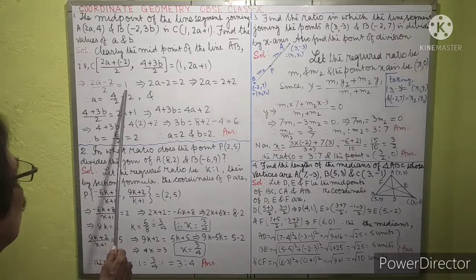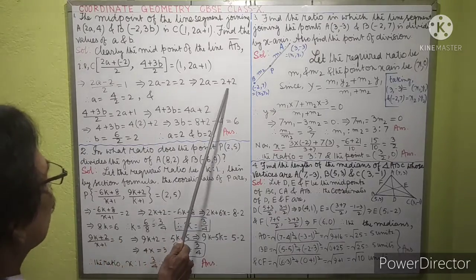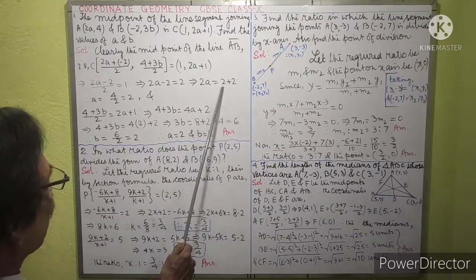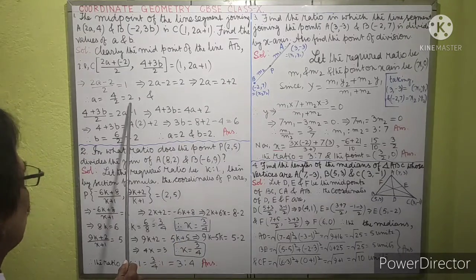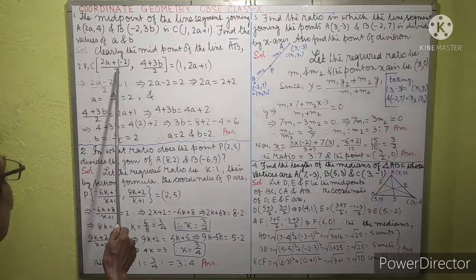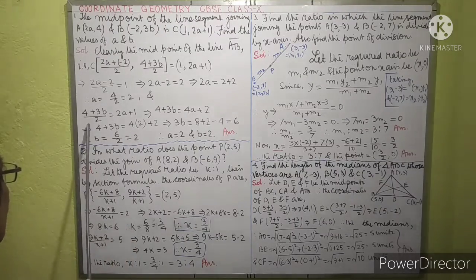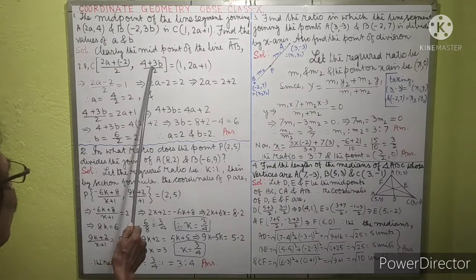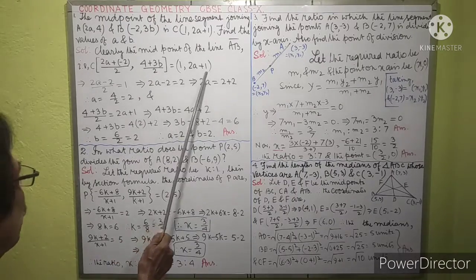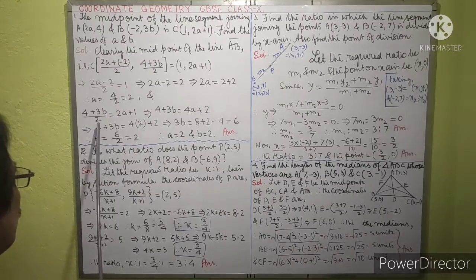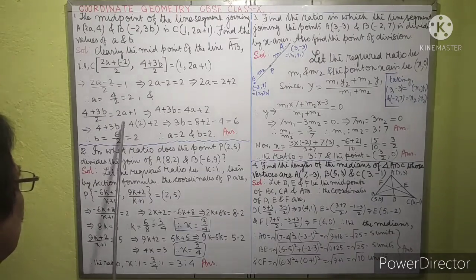So (2a minus 2) by 2 equals 1, or 2a equals 4, that is a equals 2. From the first part we are getting a equals 2, and from the second part (4 plus 3b) by 2 equals 2a plus 1.